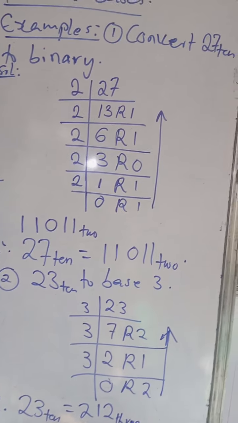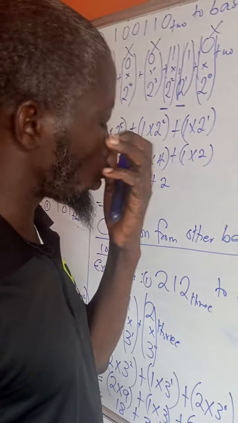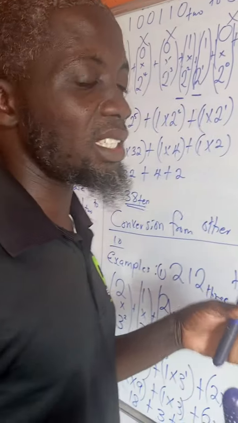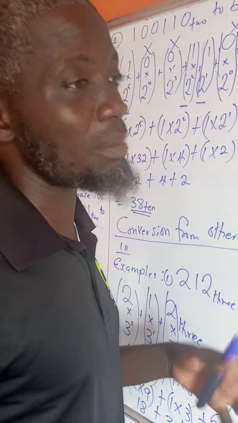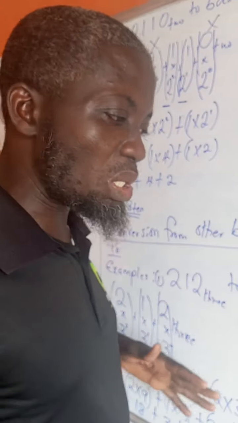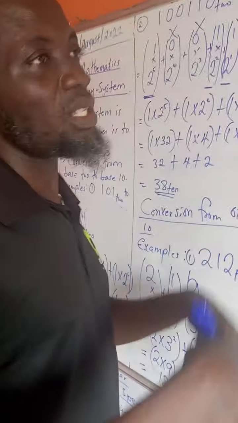So in the next video, by the special grace of God, we are going to look at how to convert between bases. Base 10 is just like a garage that all cars come into, take their passengers and go. So you can come from all sorts of bases to base 10, and we can equally go from base 10 to all sorts of bases.